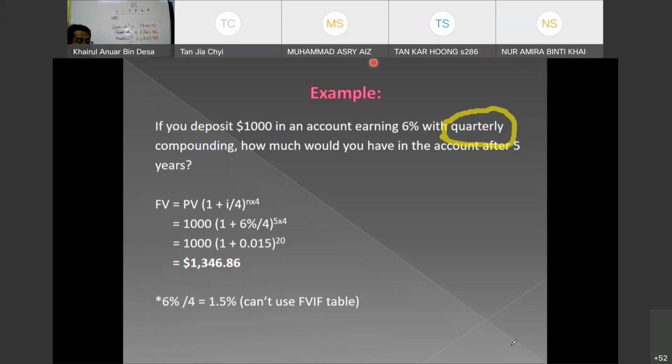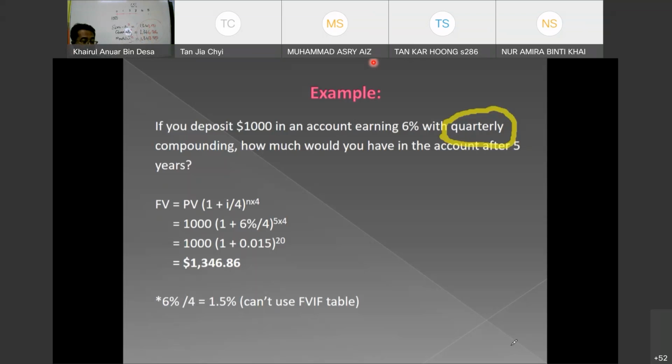Okay, kesimpulan yang kita boleh buat di sini, jika kekerapan pengkompaunan berlaku lebih kerap, maka nilainya akan menjadi lebih tinggi.